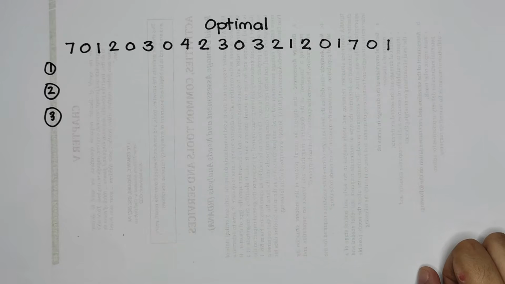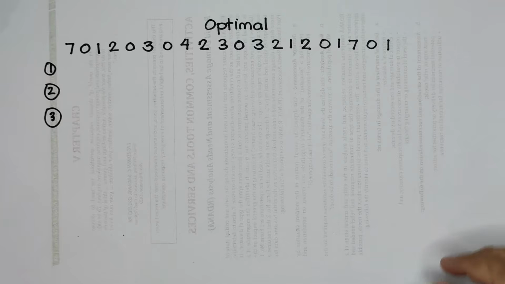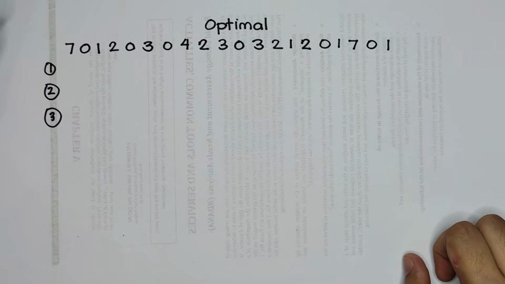So how does the optimal algorithm work? For the victim page frame, you choose the value that will not be used for the longest period of time. Okay? So again, we have this reference string, just the same as with first in, first out, just to compare if it's really true that optimal is better than first in, first out.